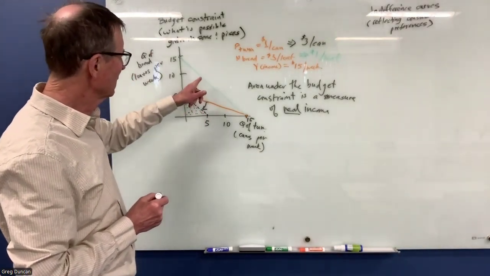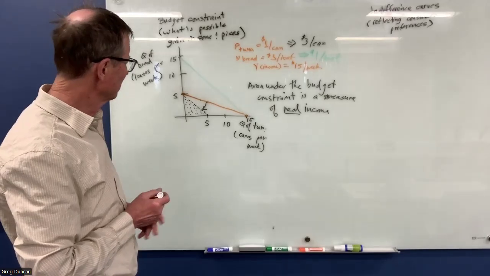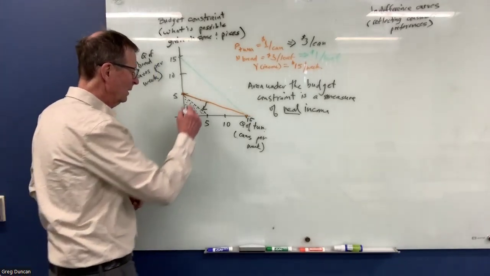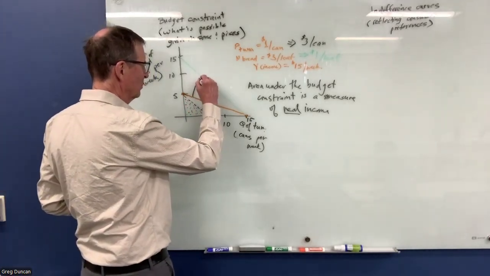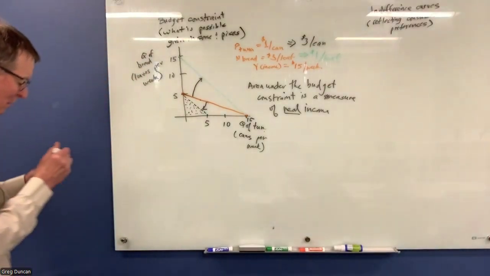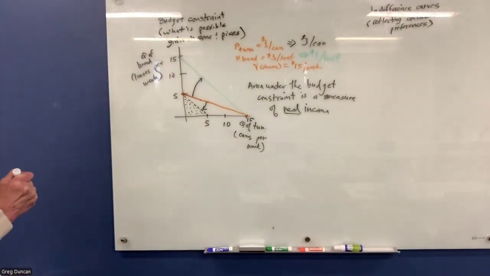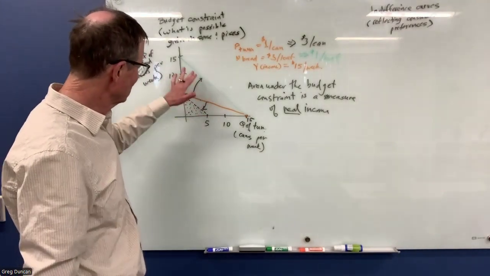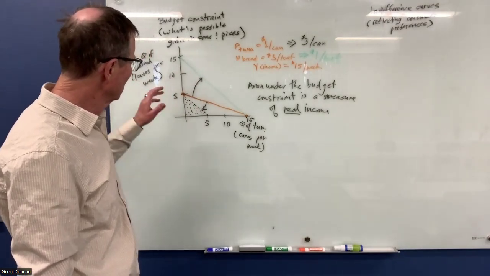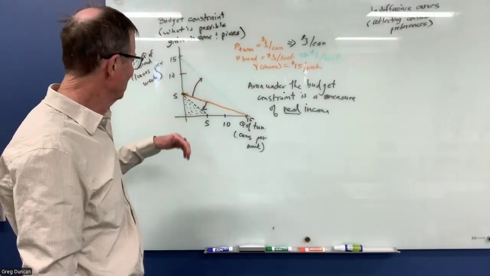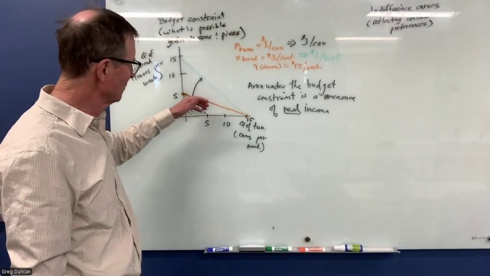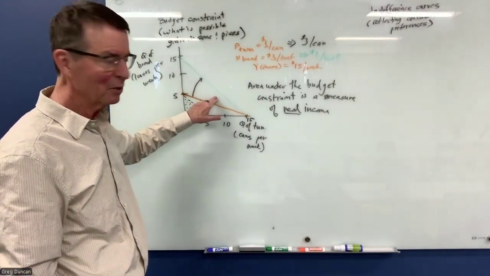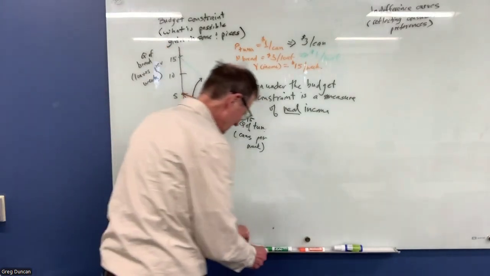And by the same token, if we're going down to $1 a loaf, we're getting this rotation of a budget constraint out away from the origin, which is going to reflect an increase in real income because the combinations of bread and tuna that are available have been expanded, right? So if the price falls, your ability to buy both bread and tuna has increased. That's the area underneath this curve.